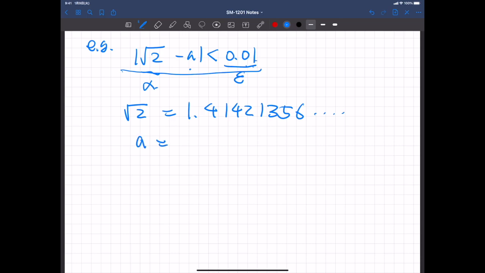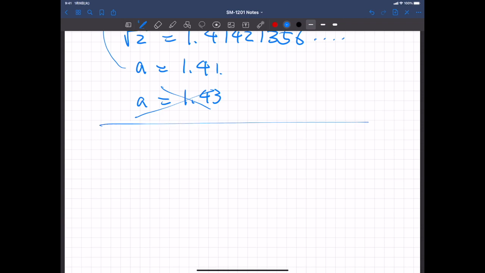If we take a equal to 1.41, then that satisfies this inequality, right? The difference is 0.0042 and so on, which is less than 0.01. So that should be fine. But if we take a equal to 1.43, then this is not good. This violates this inequality.